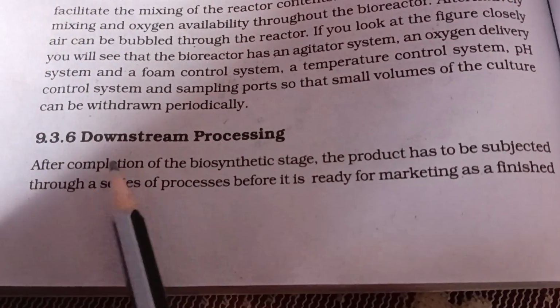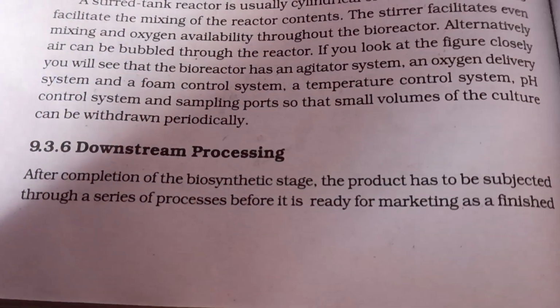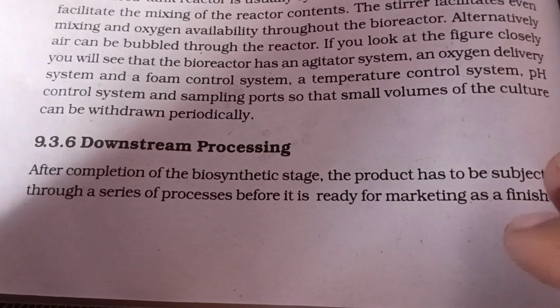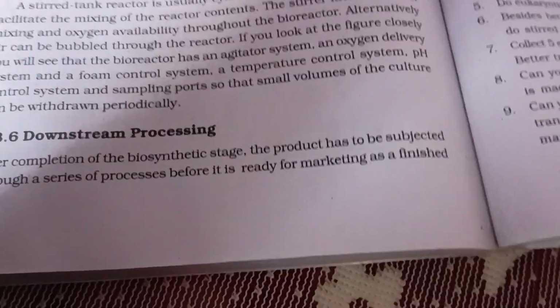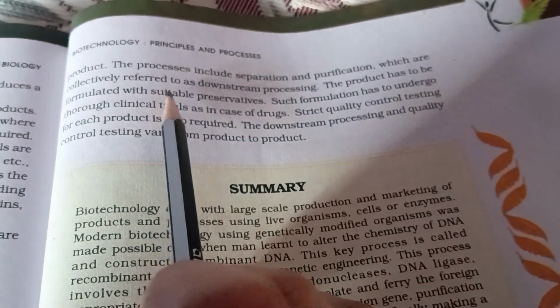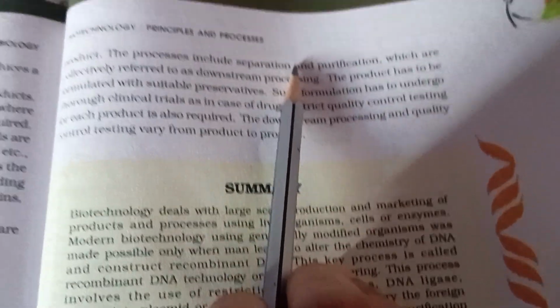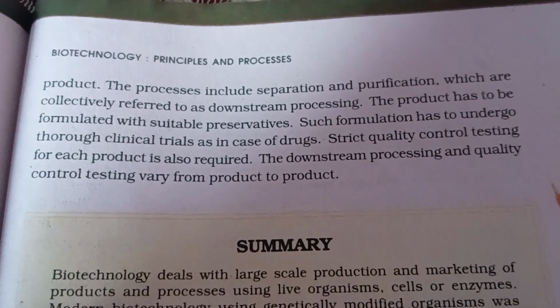Now, downstream processing. After completion of the biosynthetic stage, the product has to be subjected through a series of processes before it is ready for marketing as a finished product. The processes include separation and purification, which are collectively referred to as downstream processing.